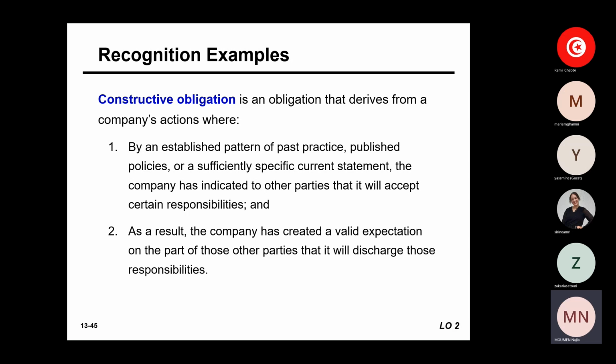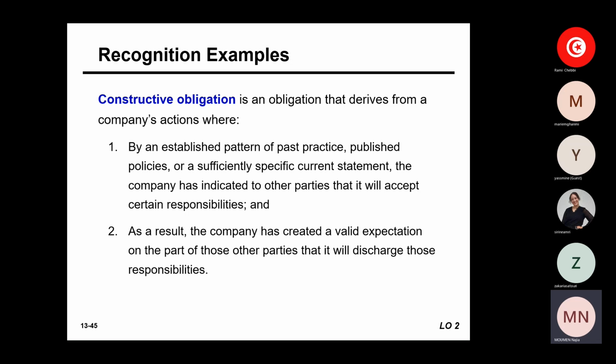So there is no legal obligation that is actually binding here. But still, this firm is known for these practices. You will get their product and enjoy its quality, but in cases where there is a problem, you will know that it will be quickly settled by just changing or repairing it and so on.